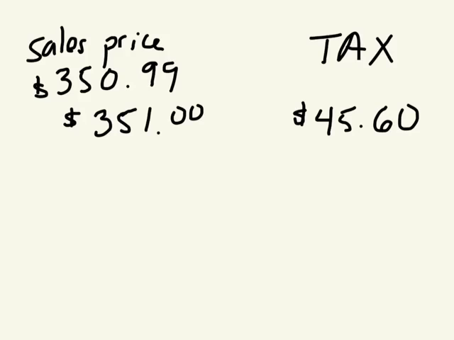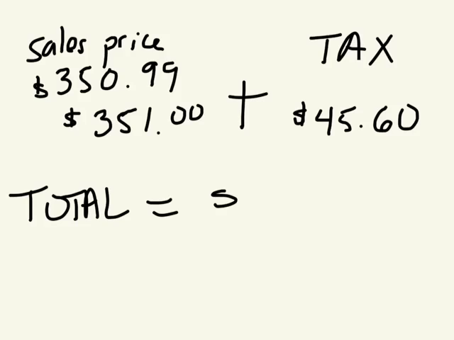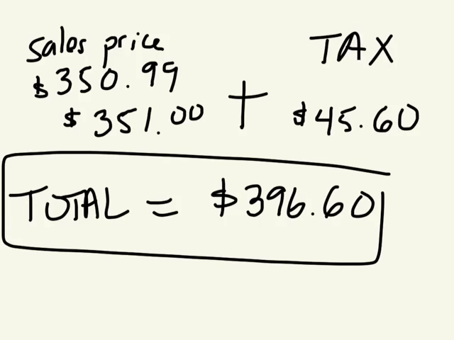Okay, I want to know the total altogether. How much am I going to have to give the cashier when I go to the cash? What do I do with these two numbers? Add them together. What's the total with tax? $396.60. I'm going to show you a shortcut now on how to calculate this in one step.